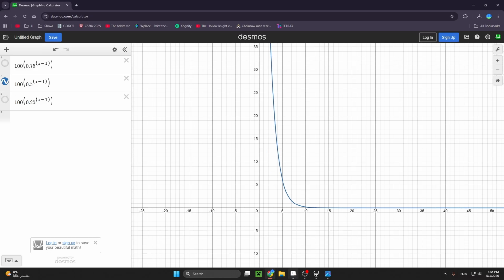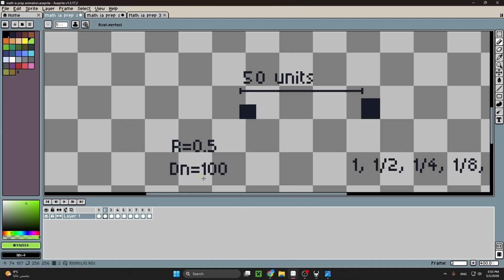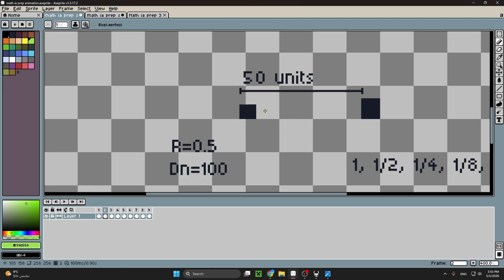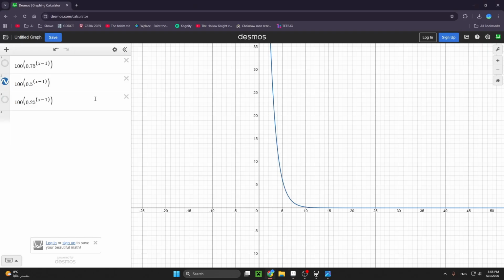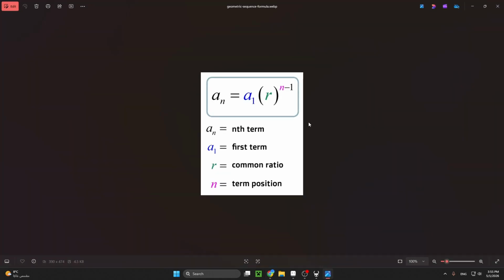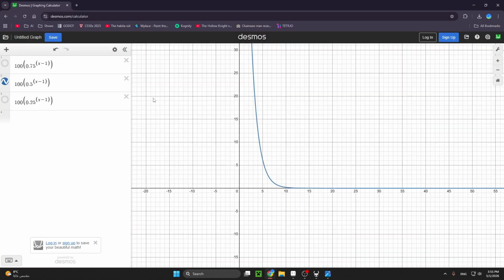This graph basically describes this animation. 100 is the fixed distance, and then the ratio is 0.5 because we keep multiplying by 0.5 for every frame. And then we just make it to the power of x minus 1 to get us this graph. This is just fixed. And yeah, that's how we get it.